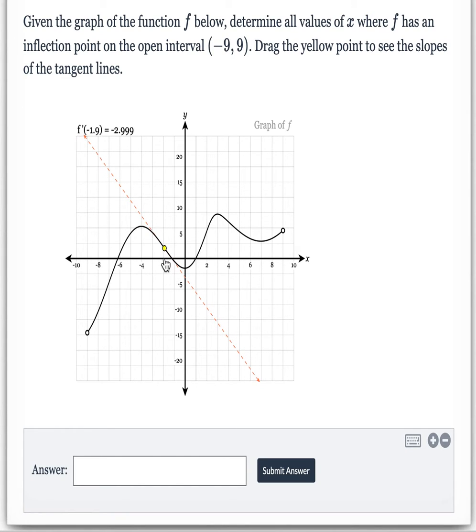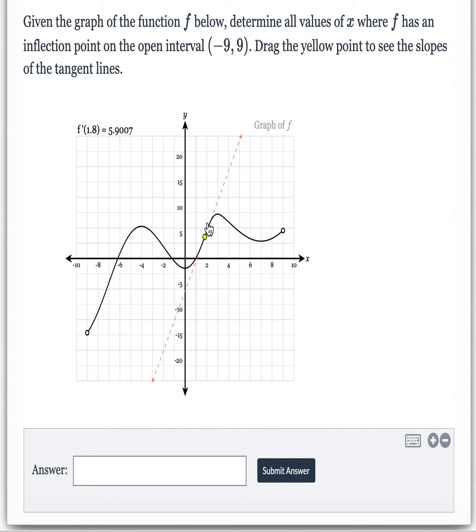So at negative 2, I have this concave down switching to concave up, and the trend on either side changes as well. So far I have negative 7, I have negative 2. I think you can start to anticipate they're going to give you some nice numbers for this. So right around 2, I have a switch from happy face to sad face.